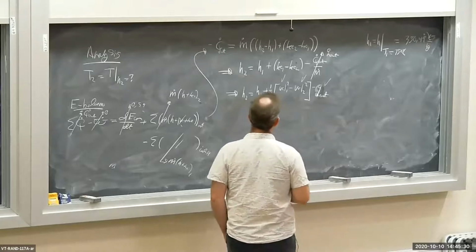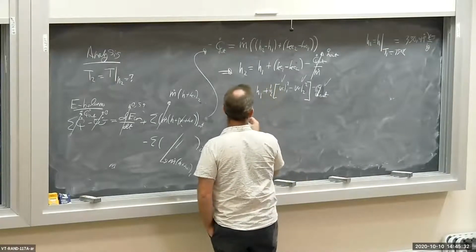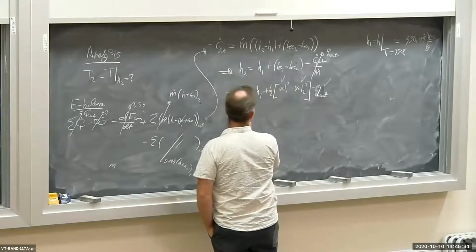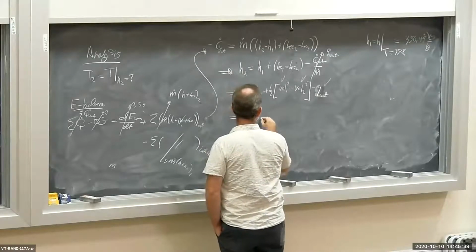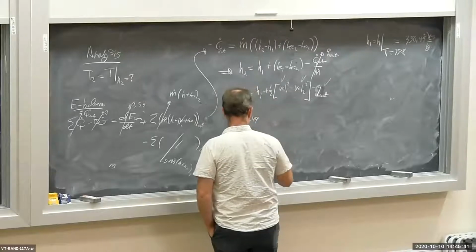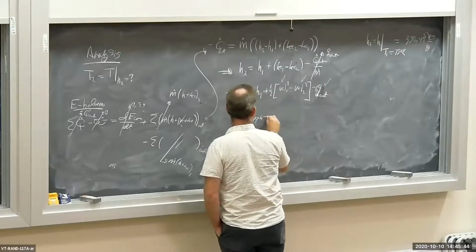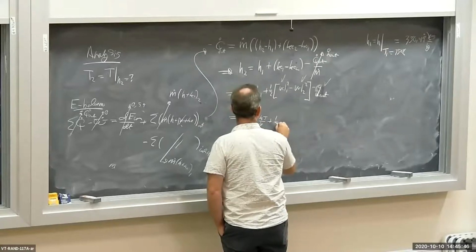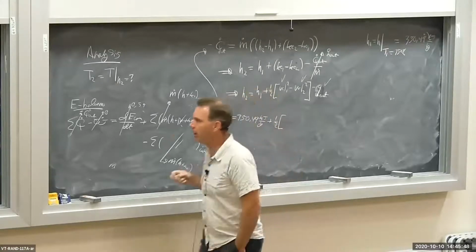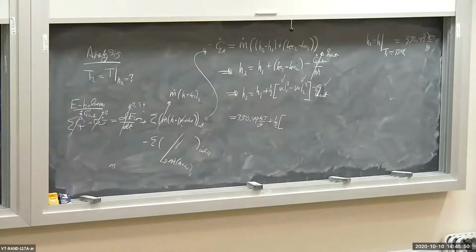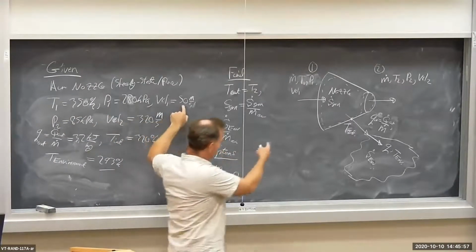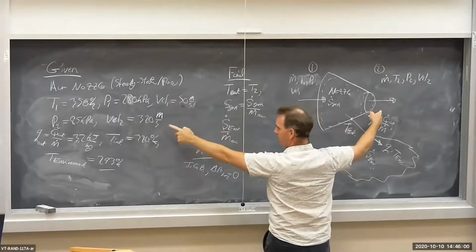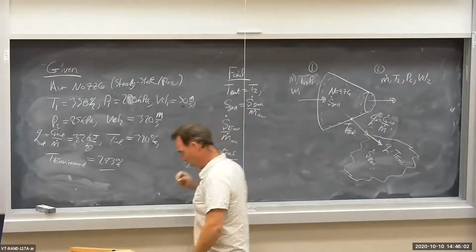Let me plug in some numbers here. So we have 350.49, and let's be careful with the unit, kilojoule per kilogram, plus one half the inlet velocity. The inlet velocity is 50 meters per second, and the outlet velocity is going to be higher at 320 meters per second. It's a nozzle.